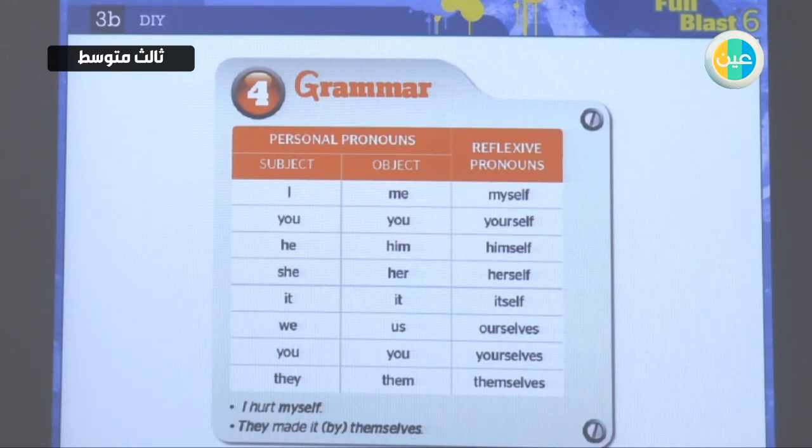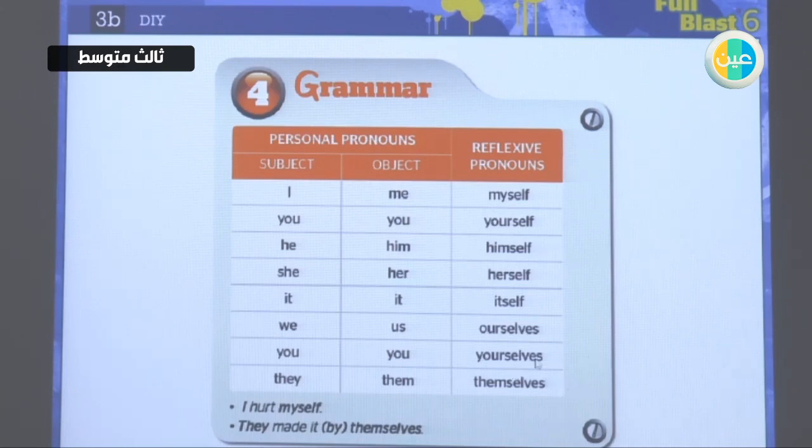Now, I want you to go to the dialogue on page 36 at home. Try to read it and try to find reflexive pronouns, more examples of reflexive pronouns. Then try to come up with your own example. Okay?